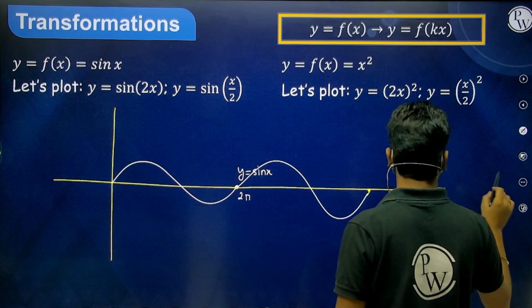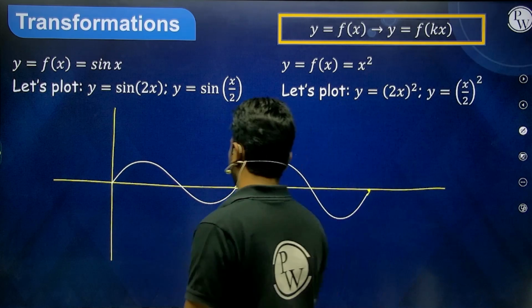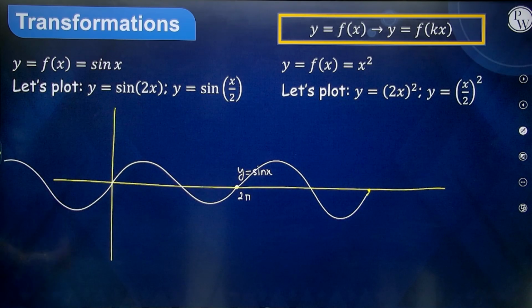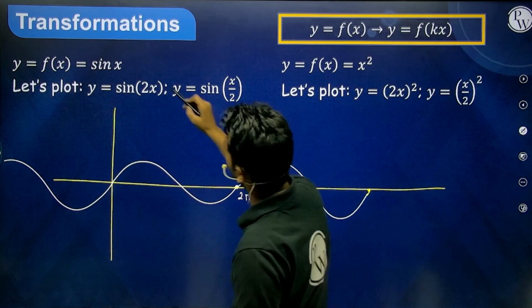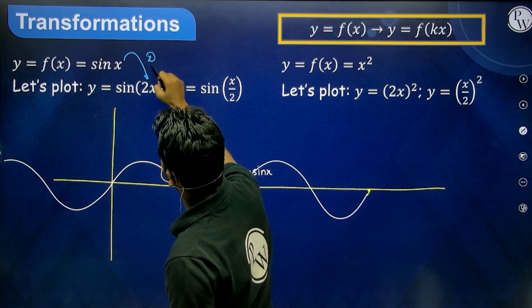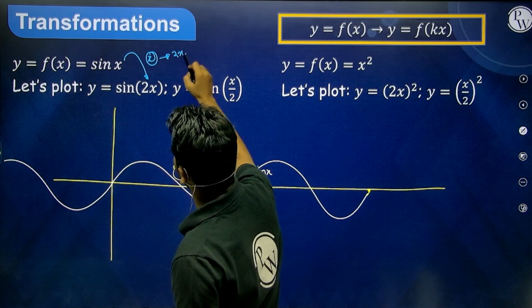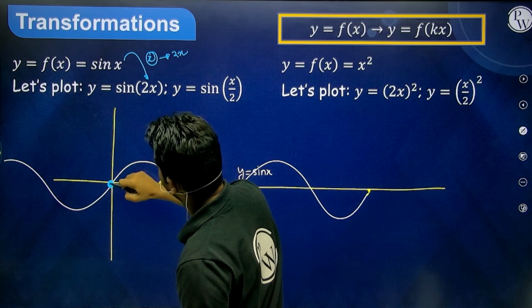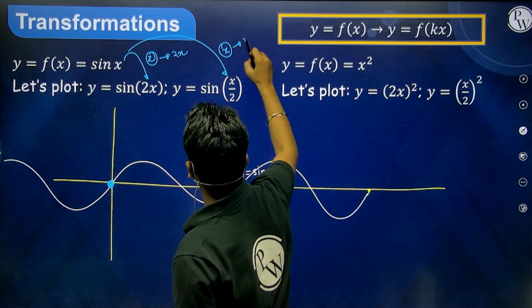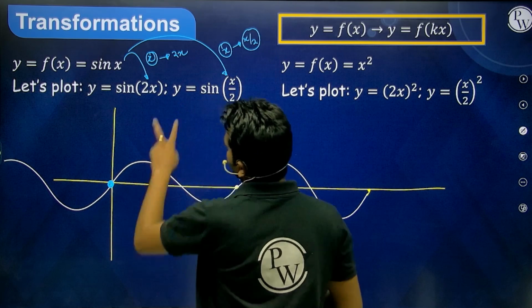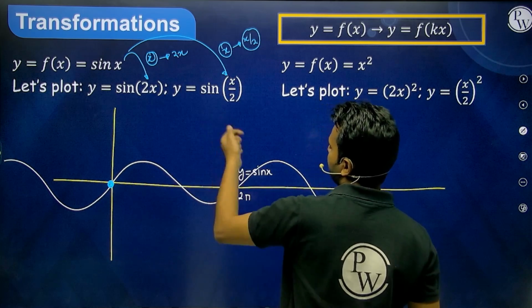Right? On the back side also, the graph will be drawn like this. So if you want to draw the graph of this, you need to replace x with 2x. So first you will do what? You will hinge the points onto the y-axis. And here you need to replace x by 2x. So over here compression will take place, and that too 2 pi by 2.